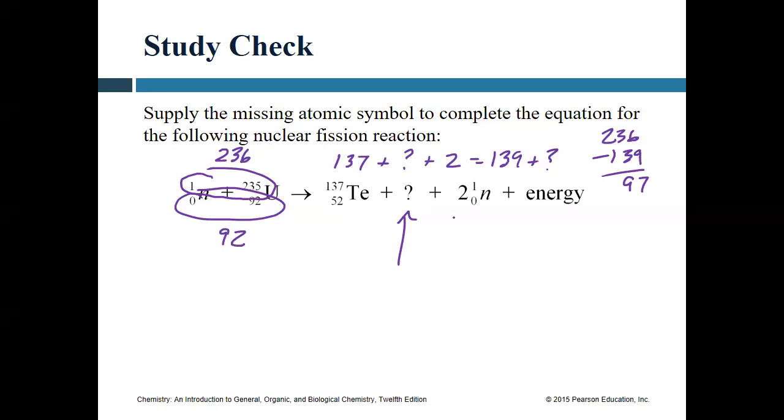Now on the bottom side, I've got 52 protons. I don't know how many for the mystery particle. No protons in the neutrons. So that's a total of 52. 92 minus 52 is 40. So my mystery particle has a mass number of 97, an atomic number of 40. And that's Zr, zirconium.